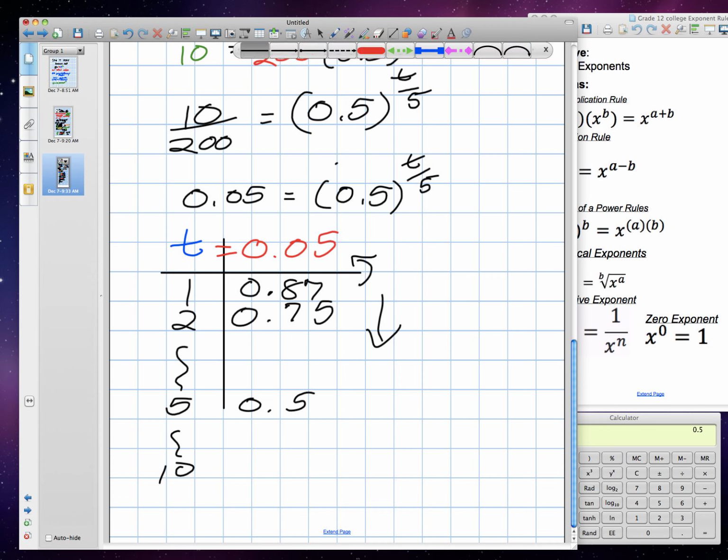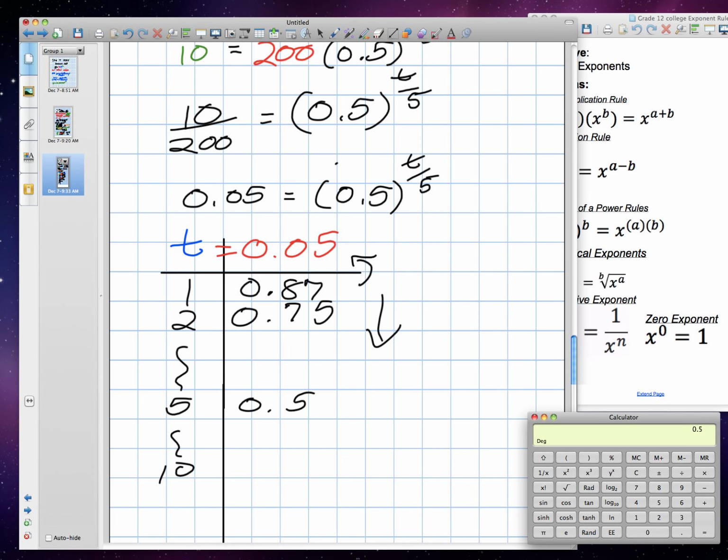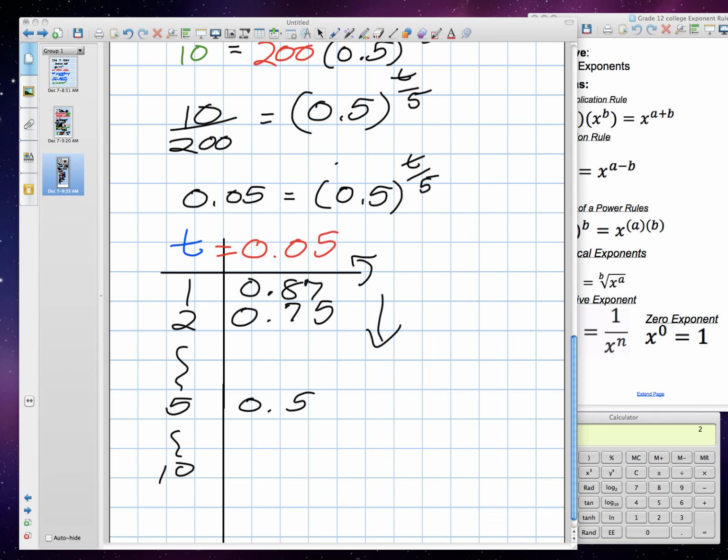So when we put 10 in, 10 divided by 5 will give us the value of 2. So 0.5 to the power of 2, 0.25. Guys, notice a little pattern here? Almost splitting in half here as we went from 5 to 10. Want to go 20? Sure.